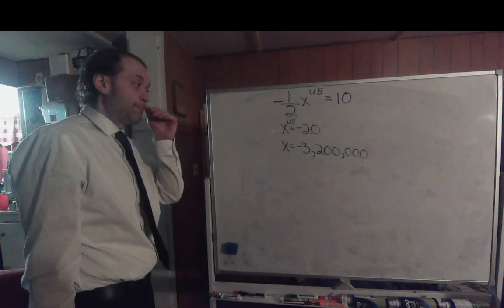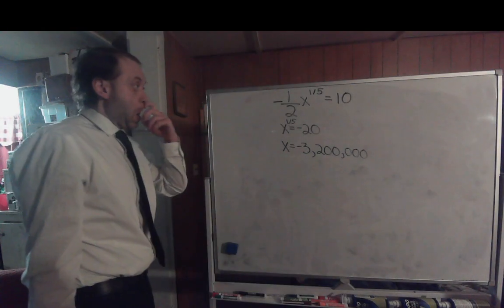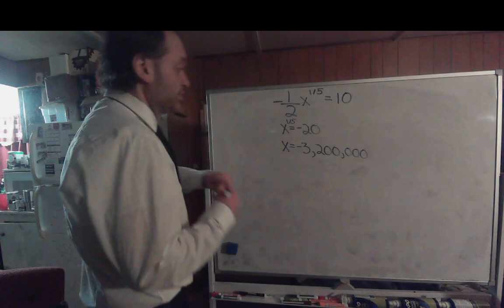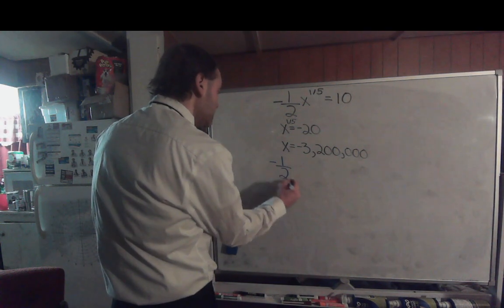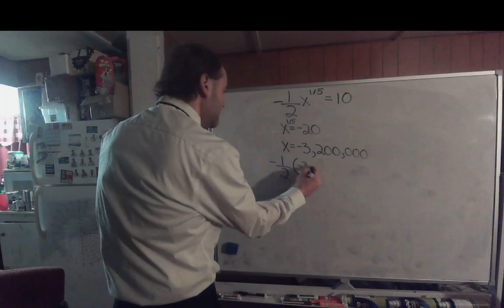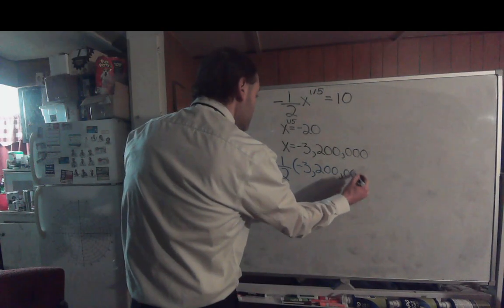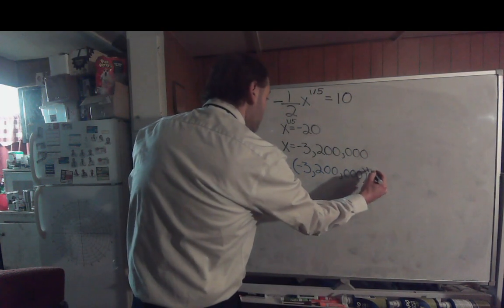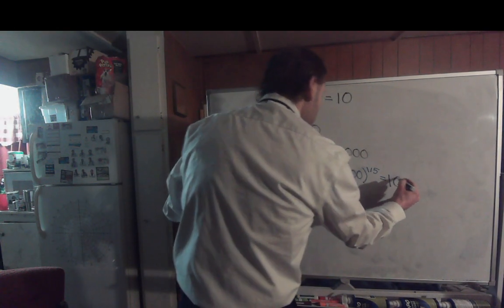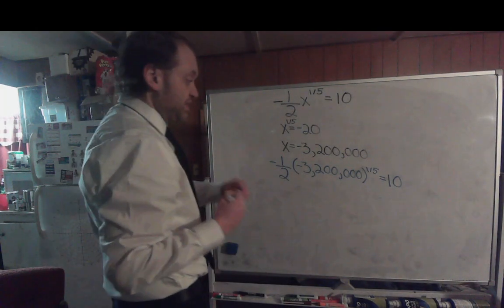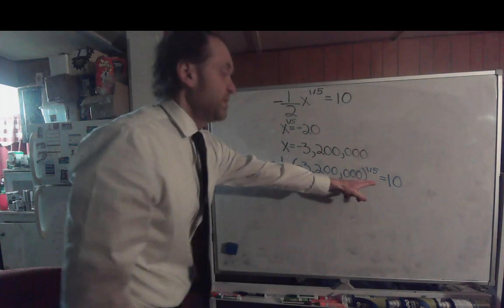So let's take this x value, put it into the original. So negative 1/2 times the quantity of negative 3,200,000 raised to the 1/5 power would equal 10. Well, this is the same as the 5th root of negative 3,200,000, right?